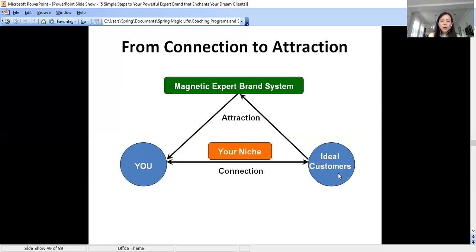And how do you really attract them? Your niche is really the foundation, but you attract your ideal customers through your magnetic expert brand system. Through this expert brand system, you expose yourself, make yourself visible and accessible with your best message, your niche message and solution.